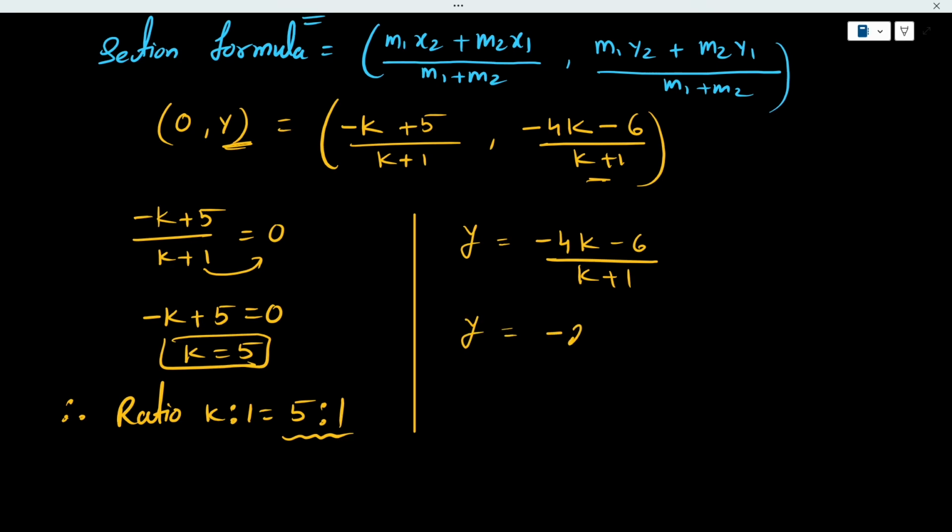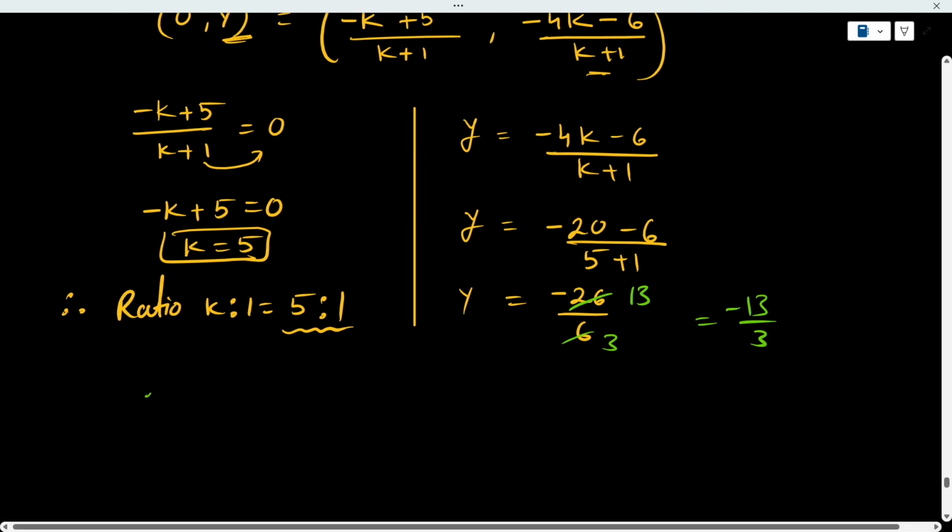So it will become minus 20 minus 6 by 5 plus 1, which is minus 26 by 6. If you simplify, 2 3s are 6 and 2 13s are 26, so minus 13 by 3. So the coordinates will become 0 comma minus 13 by 3.